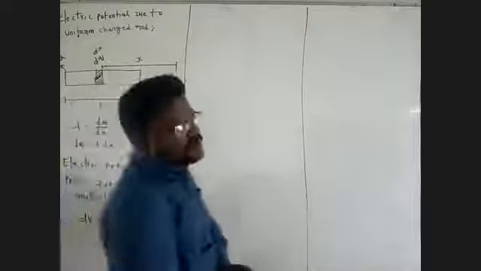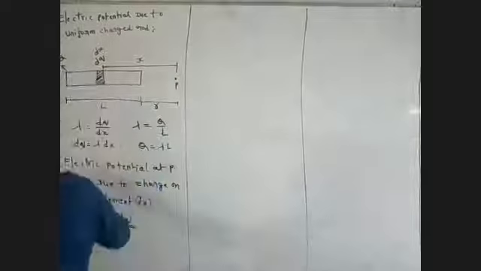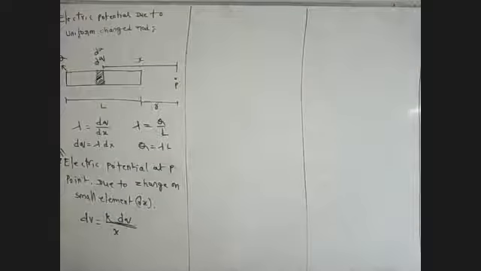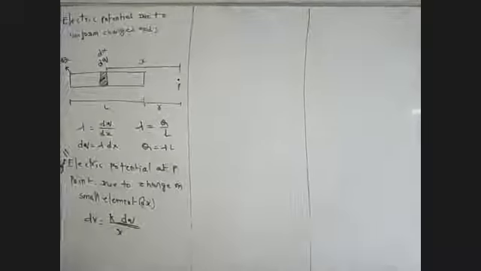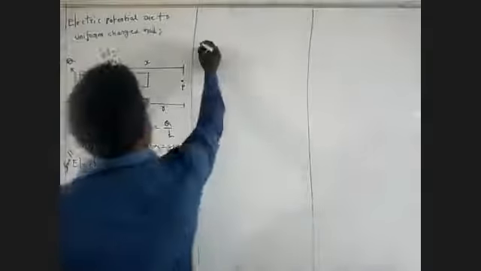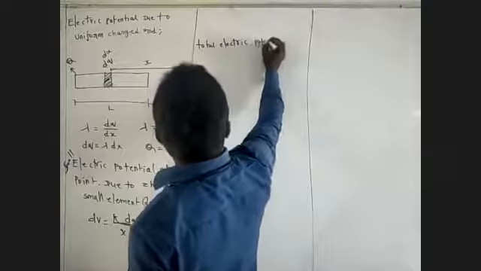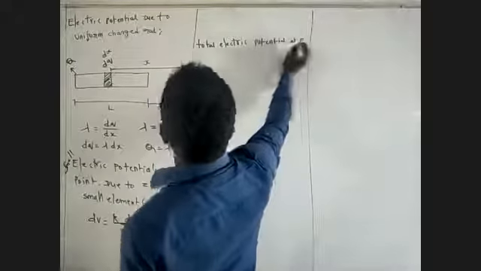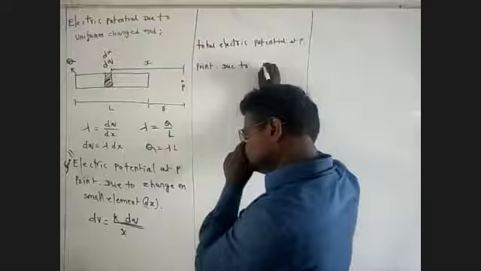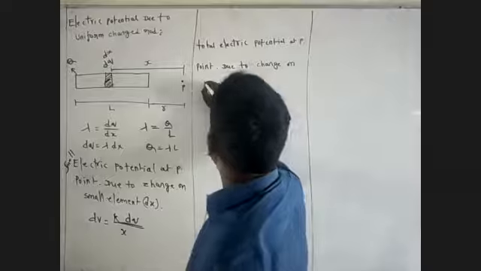This is the small electric potential. I want to find the total electric potential at point P due to the charge on the total length of the rod.